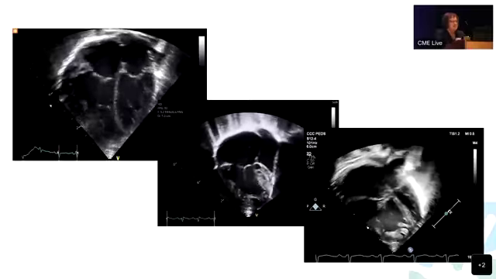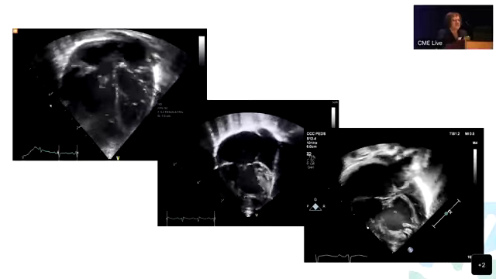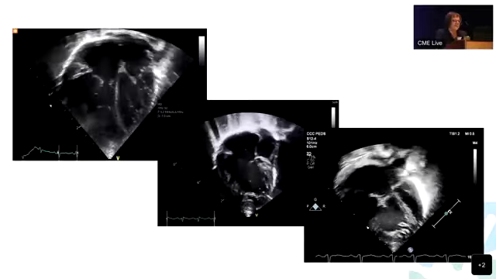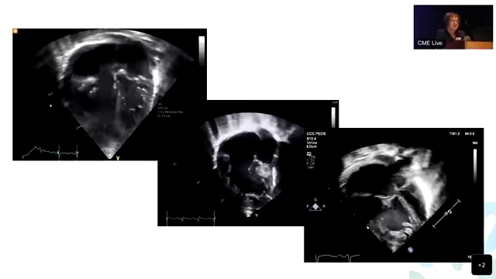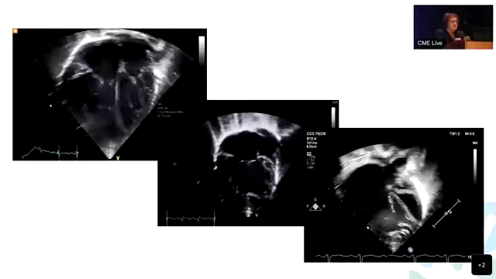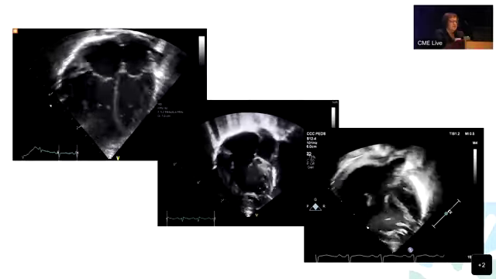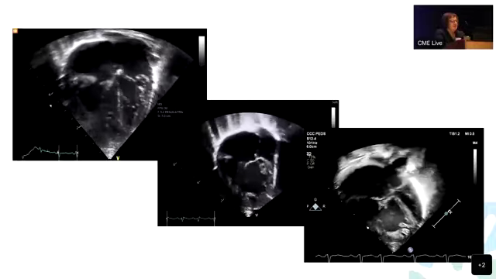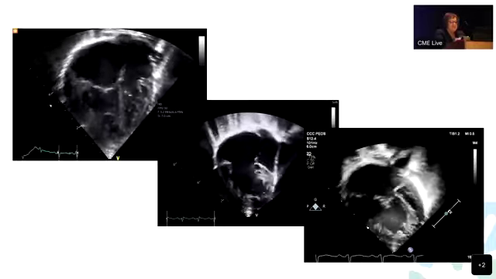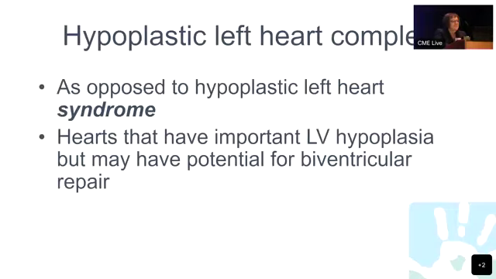So obviously this is hypoplastic left heart syndrome, which is going to be a single ventricle. And then we have the patient in the third panel that's clearly got significant left heart hypoplasia, but this is an echo at birth. There may be some issues with loading and filling, and I think those are the hearts that give us more challenge.